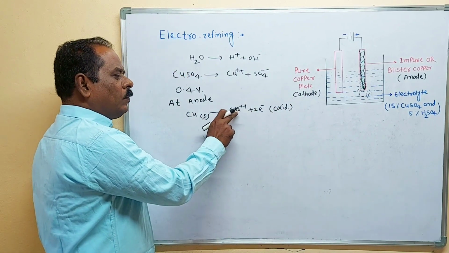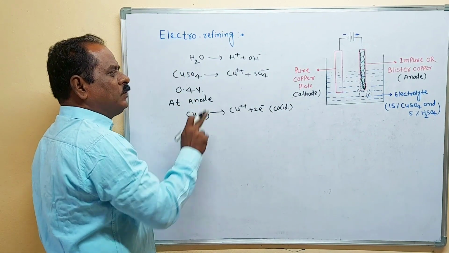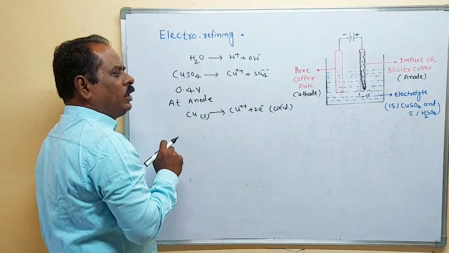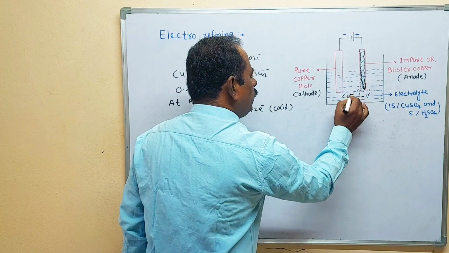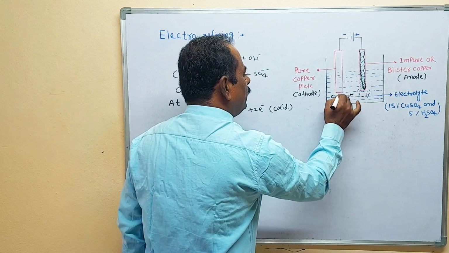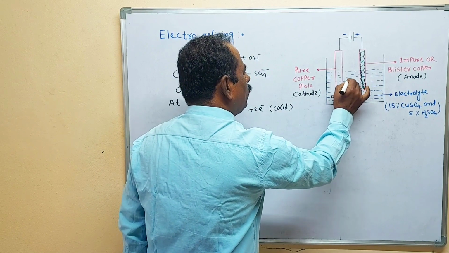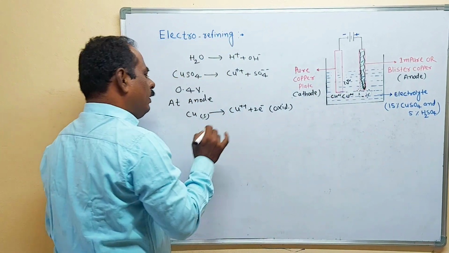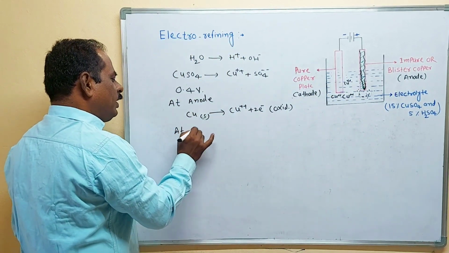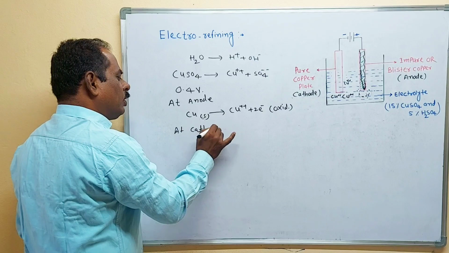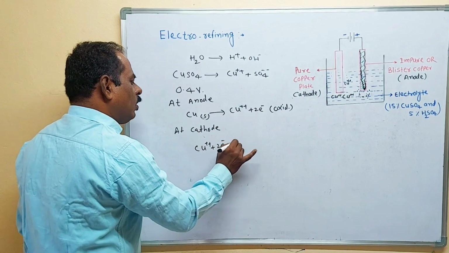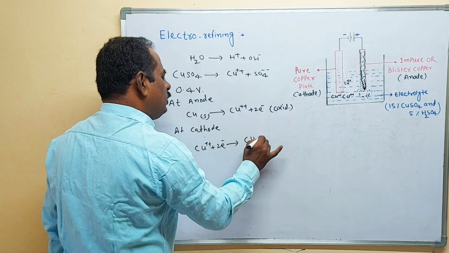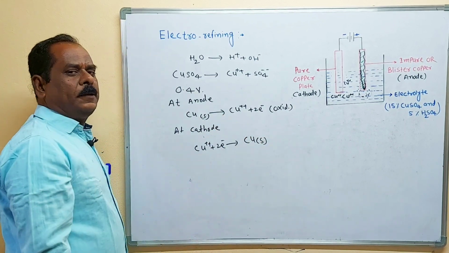These formed copper ions, as well as the copper ions in the sulfate solution, are attracted towards the negative rod, that is the cathode. And at the cathode, what happens? At the cathode, copper ions are attracted, accept the electrons, and copper is deposited in the solid state.